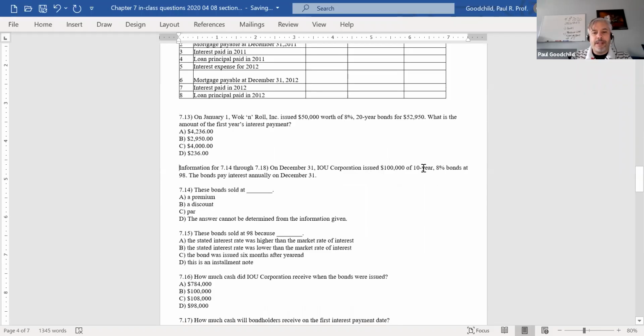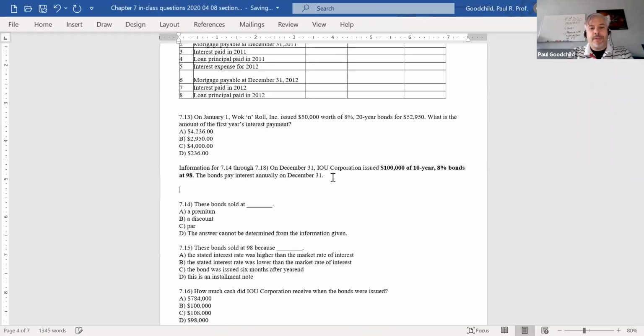7 through 18, the IOU Corporation issued 8% bonds at 98. And so that means that the company sold bonds at 98% of their face value.